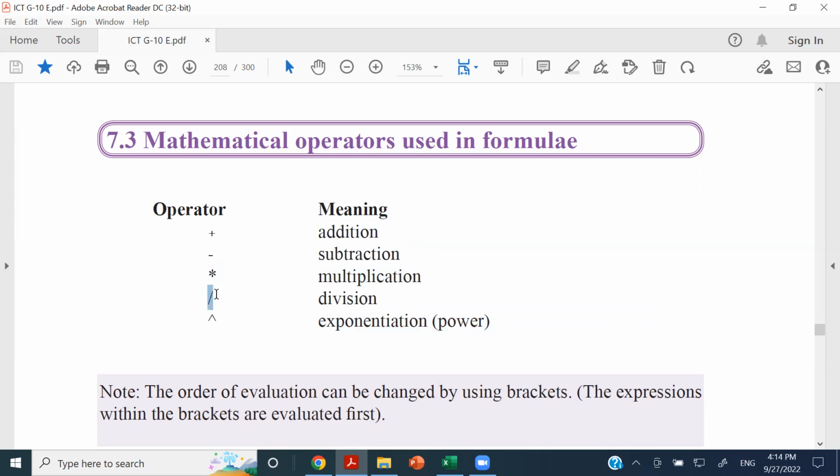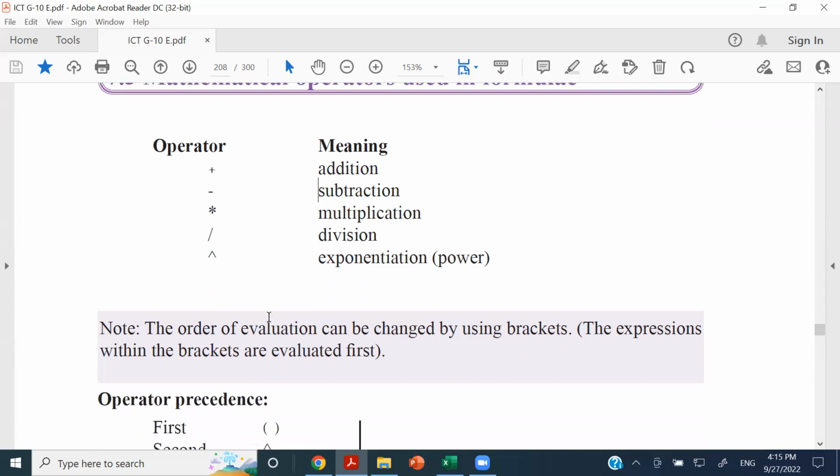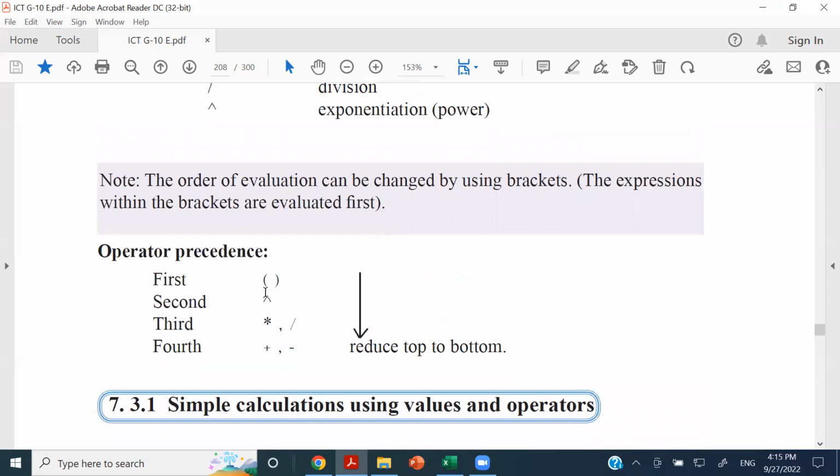For division they use the forward slash, and for exponentiation, or the power, they use this particular symbol. Remembering the symbols is easy, and you have learned something called BODMAS in maths. This has its own BODMAS, which runs very parallel to your BODMAS.